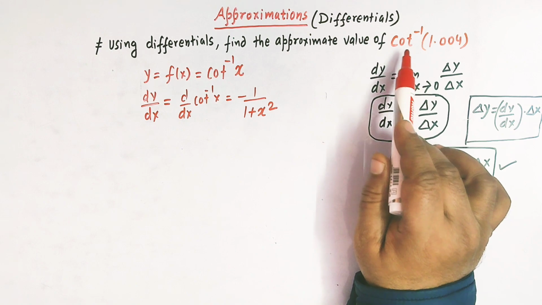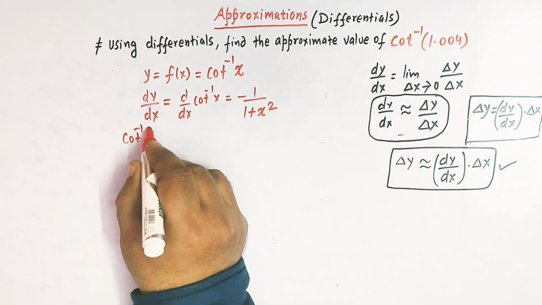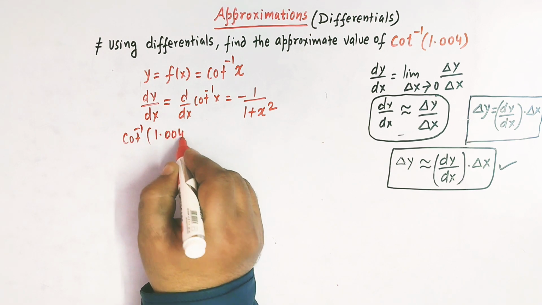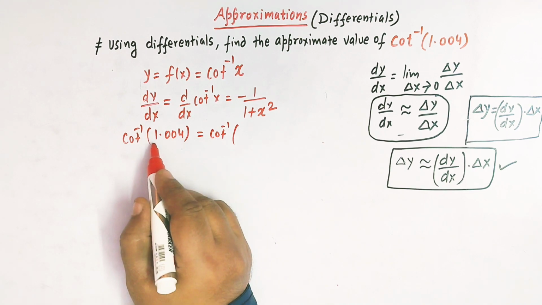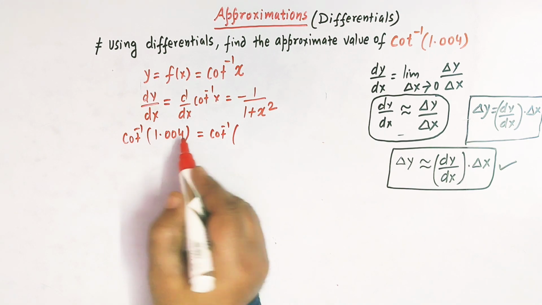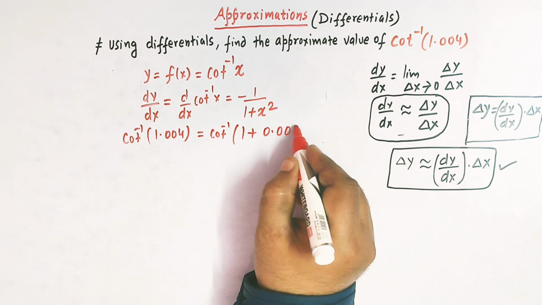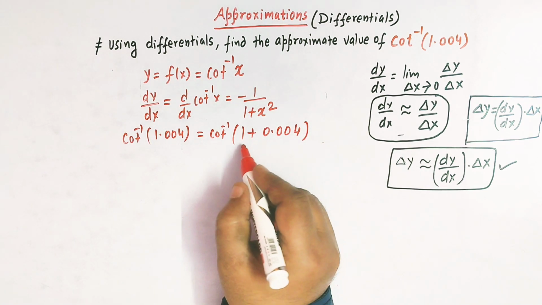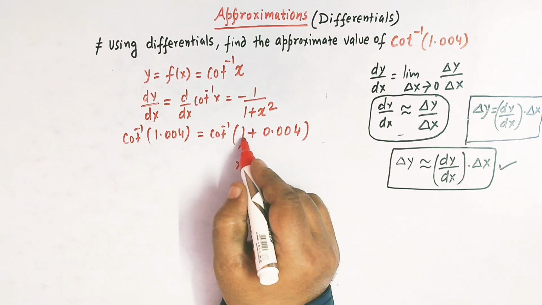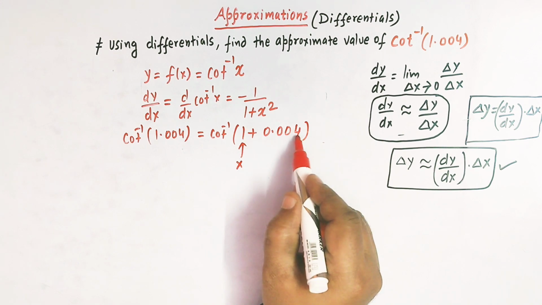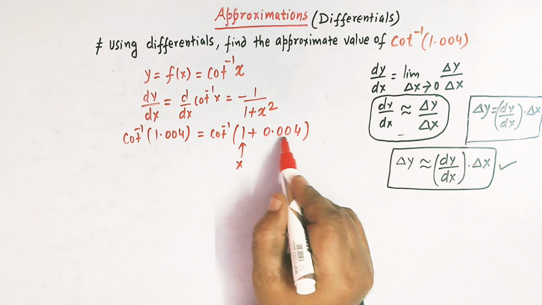Now let us inspect this quantity. Here we have cot inverse 1.004. Now we can write 1.004 as 1 plus 0.004. So we can take this 1 as x, and there is a small increment in the value of x, that is 0.004.